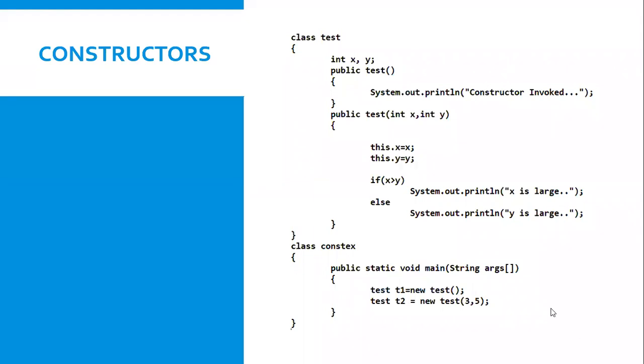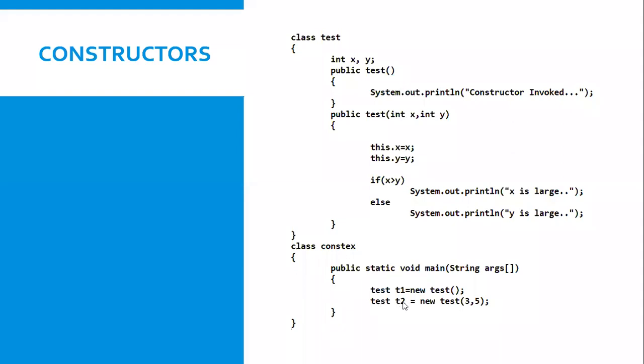Okay, and in the public static void main, if you see how we are going to create the objects. In the first instruction, Test t1 = new Test(), we are creating the object called t1 by invoking the default constructor. That means this constructor is going to be called, and the object is also created.